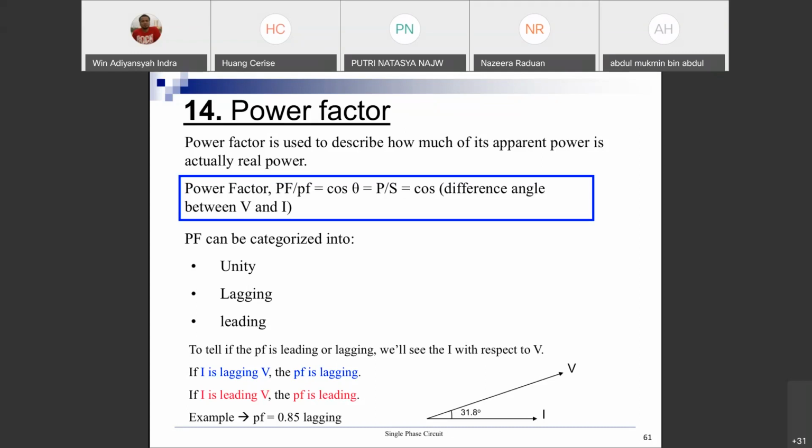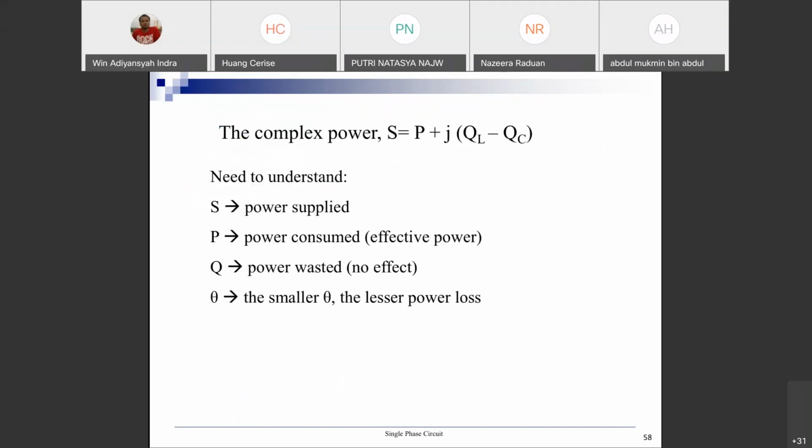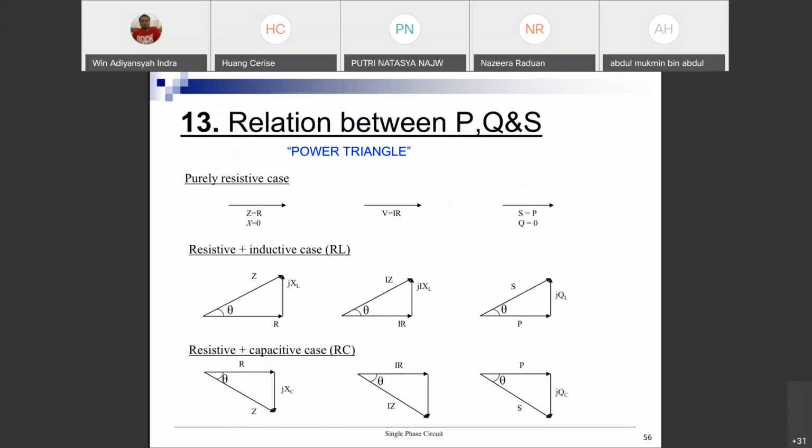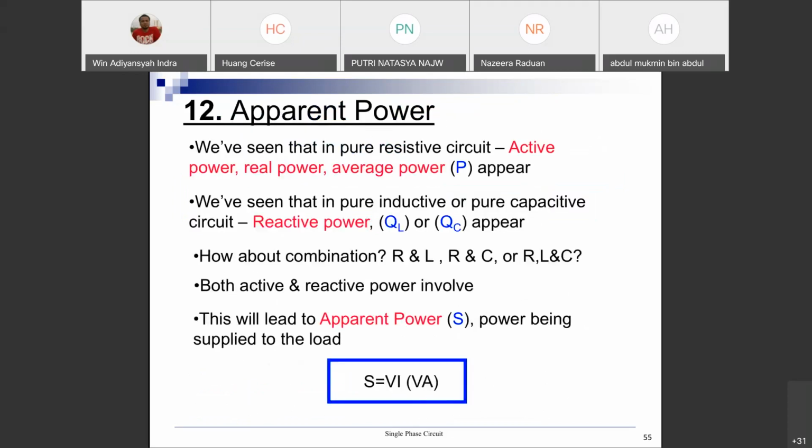So power factor here, look at the formula there. PF equals cos theta equals P over S. What is S? S is apparent power in here.